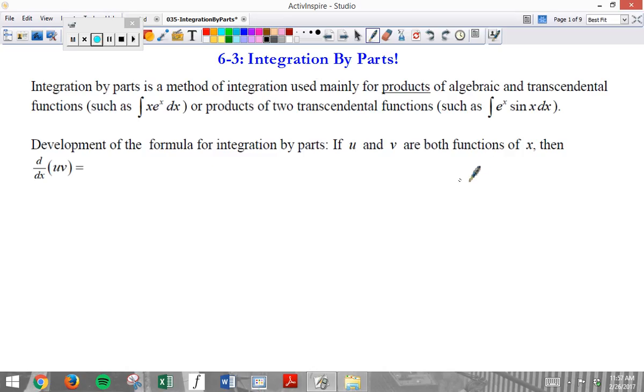Now, if these two are functions, this is a product rule situation, a product rule for differentiation. So the way we would get the product rule here is something close to u v prime: first times the derivative of the second plus second times the derivative of the first.